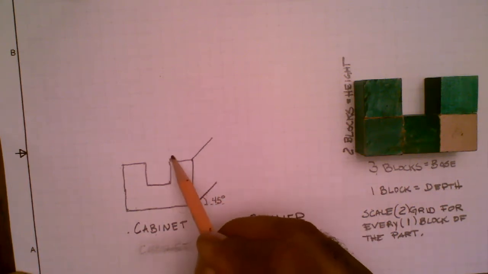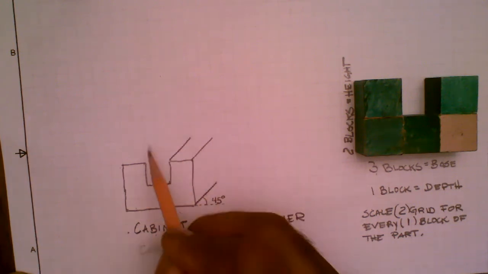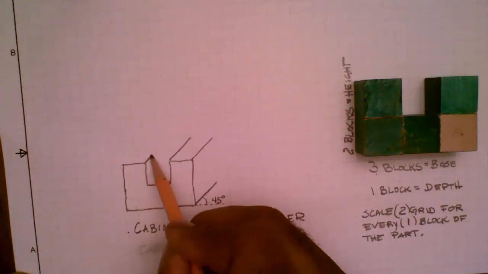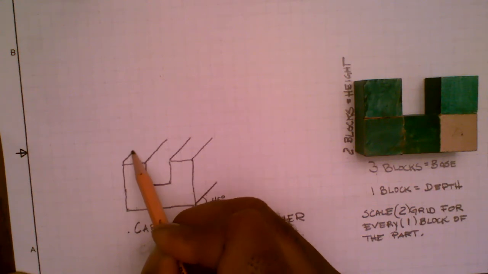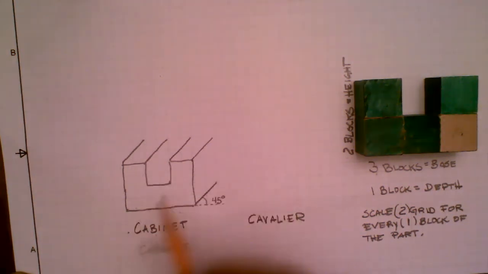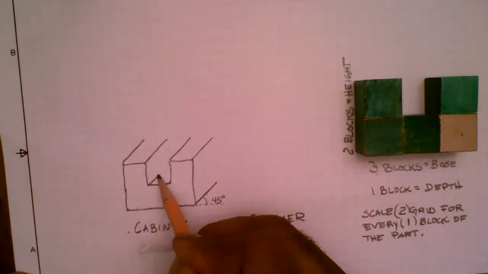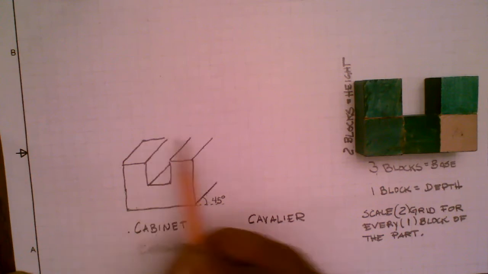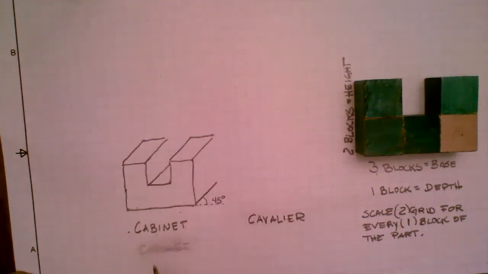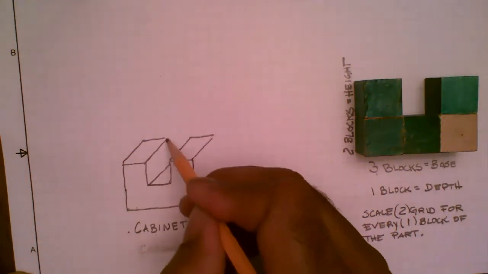At this point, 45 degrees. At this point. And at this point as well. Now I want to take all these points and close them: horizontal line, horizontal line, vertical line, vertical line.